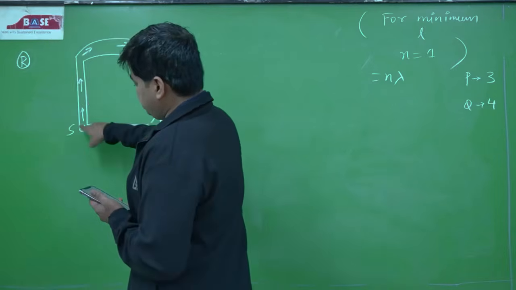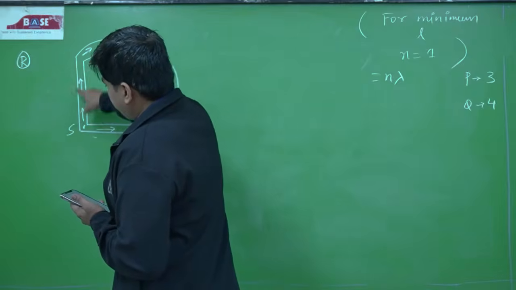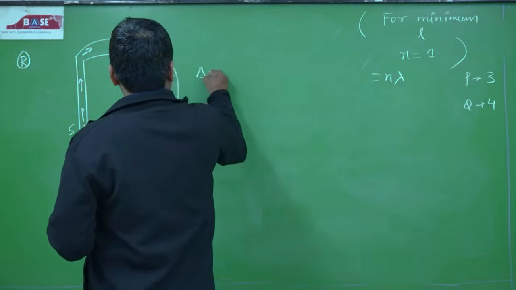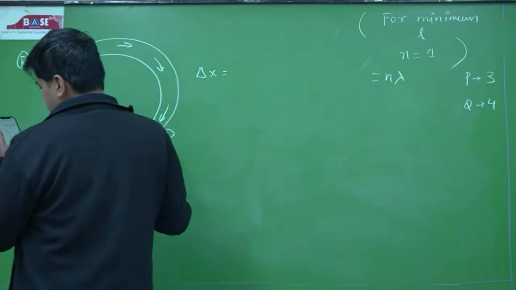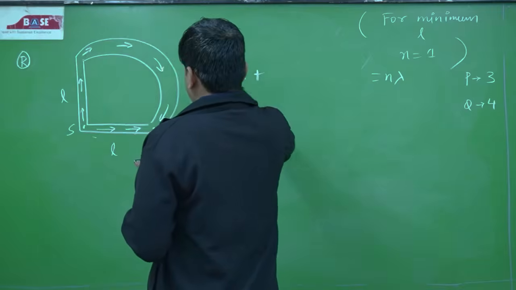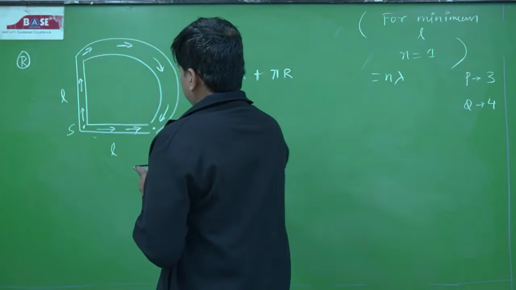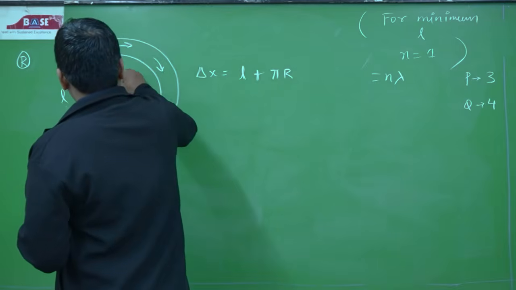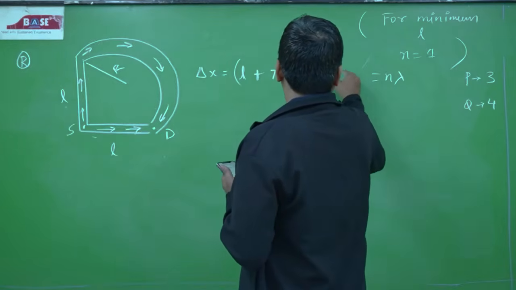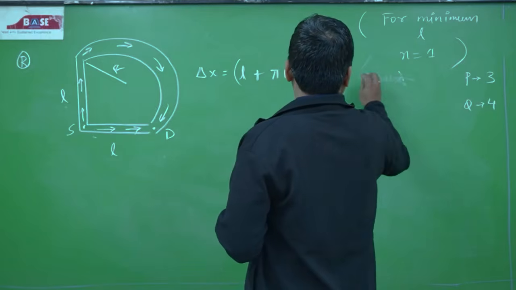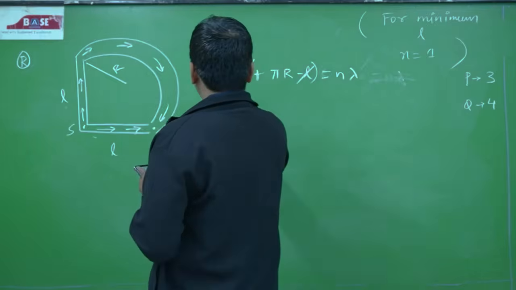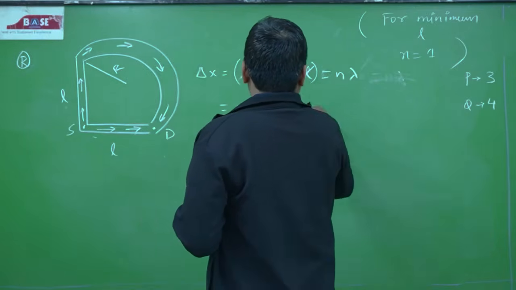So path difference becomes the straight path plus semicircular path minus this straight path. So here delta x becomes, this length is given as L, this length is given as L. So L plus pi R, where this value is equal to R, minus L, and this is equal to n lambda. So you can see L cancels out once again. Pi R equals lambda because n is equal to 1.